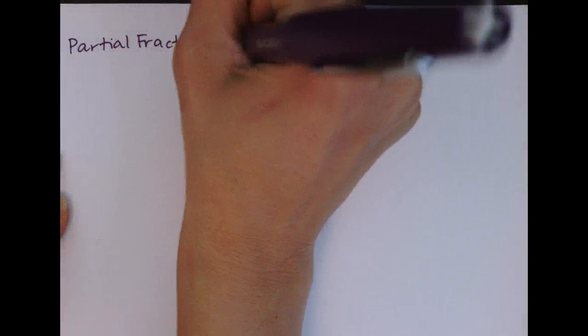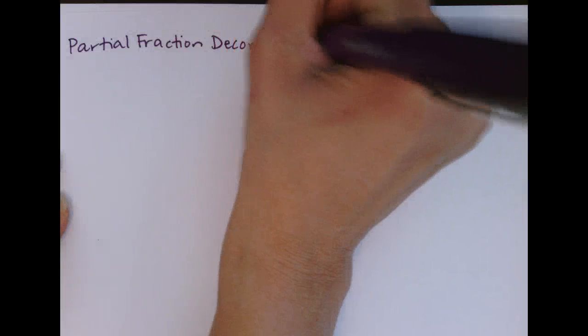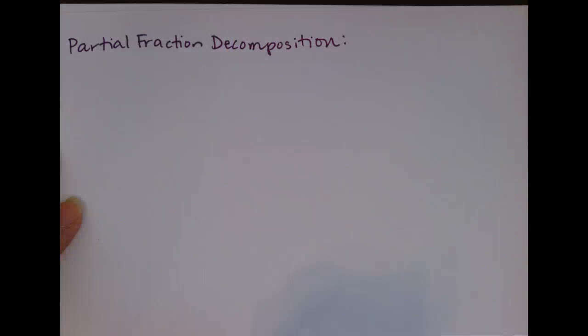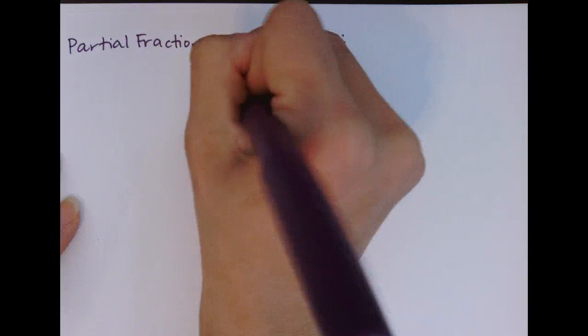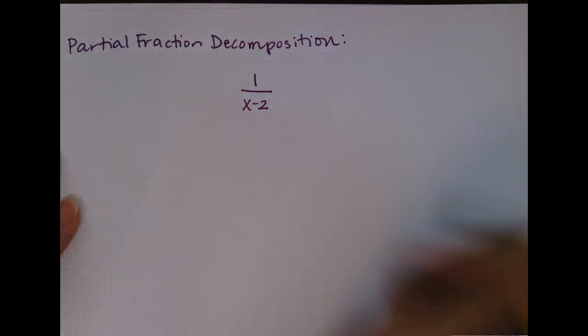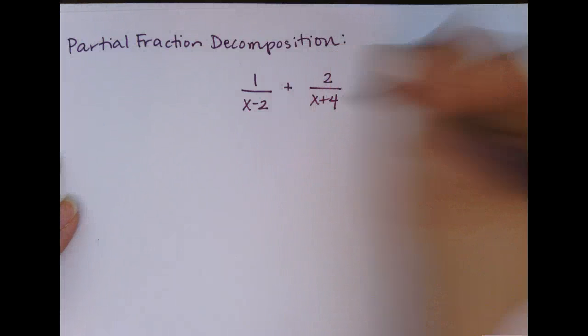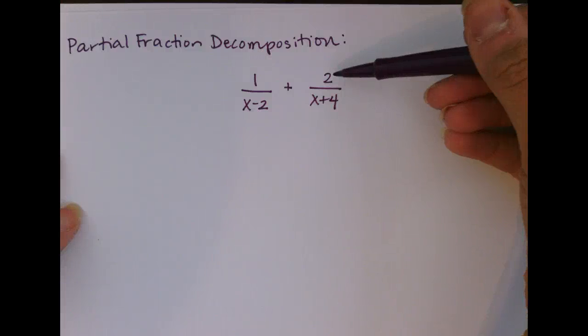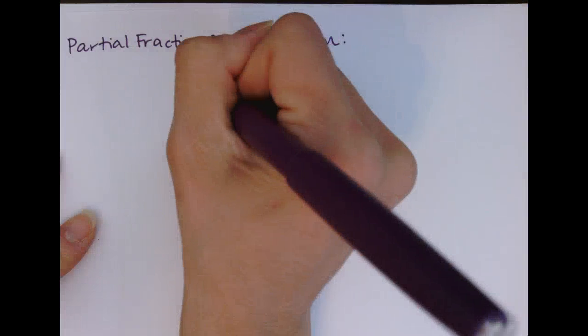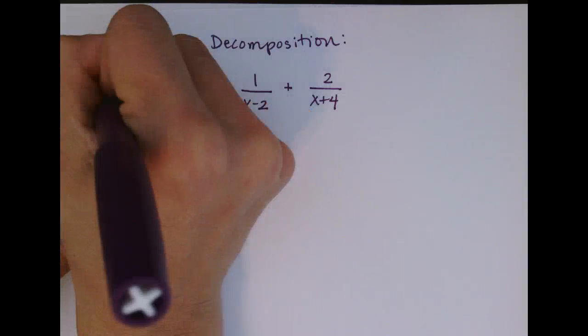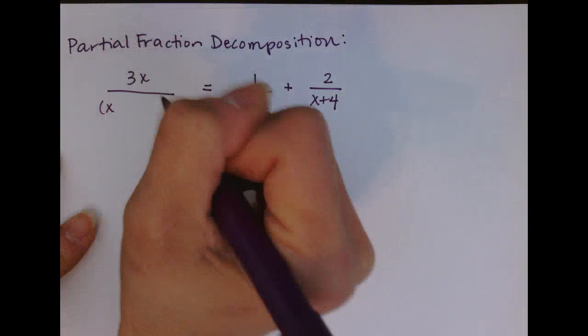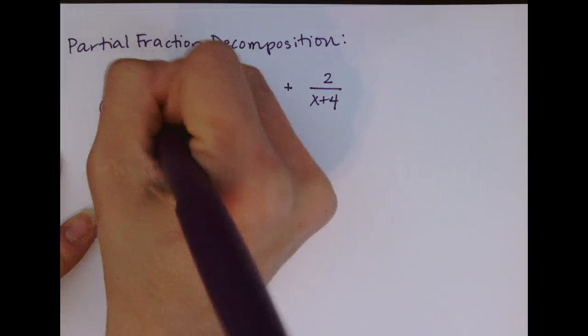Okay, so the partial fraction decomposition for the example that we were just working on will be that a equals 1, so that's 1 over x minus 2, plus 2 over x plus 4, since we found out that b was equal to 2. And what we're claiming is that that is equivalent to 3x over x minus 2 times x plus 4.